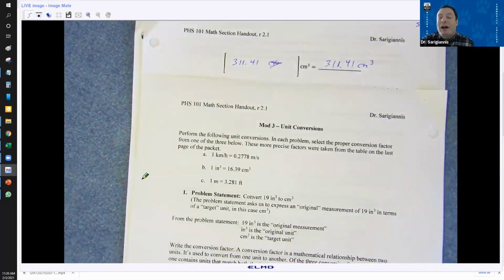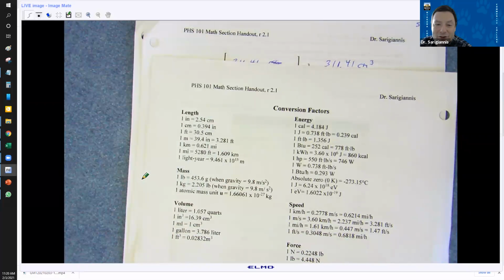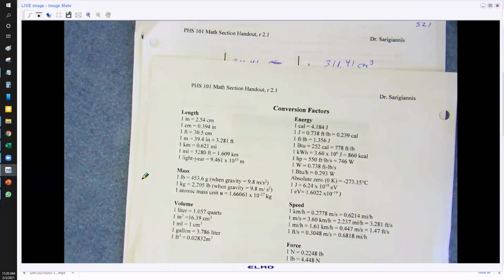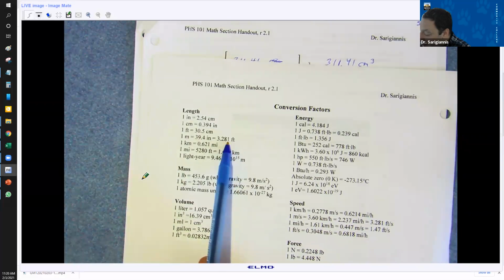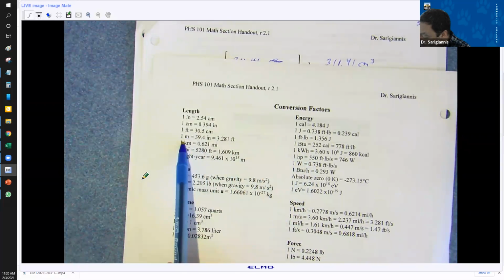So don't use the approximations anymore. We are taking the precise factors from the conversion factor table in the back. The 1 meter is 3.281 feet comes from here.